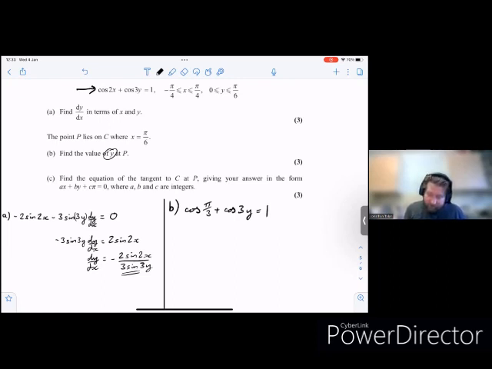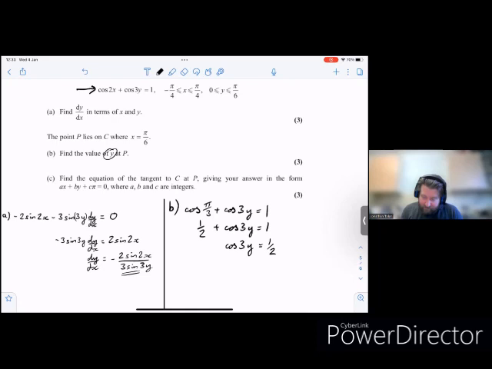Cos of 60 is a half. So this becomes a half plus cos 3y equals 1. So cos 3y equals a half. So now the question is transformed into a trig equation type question.